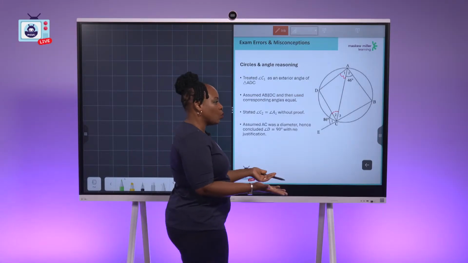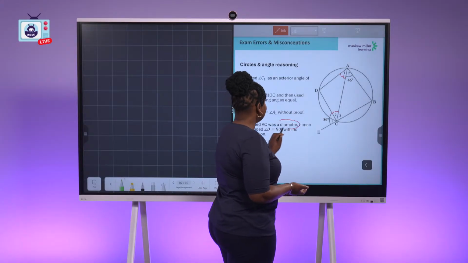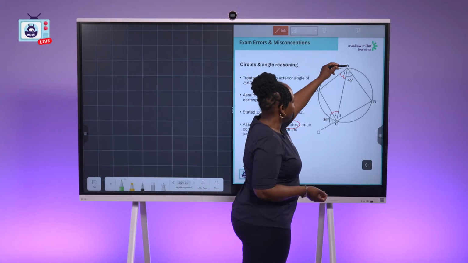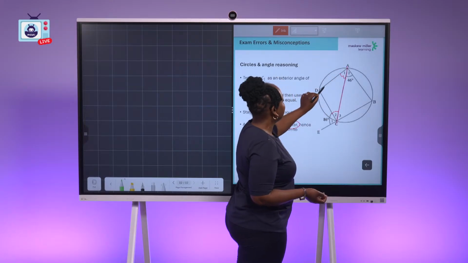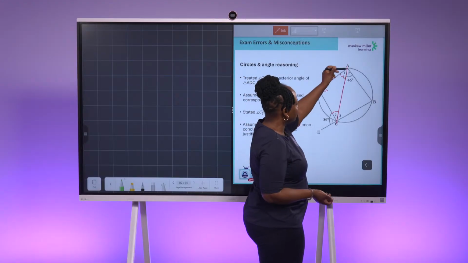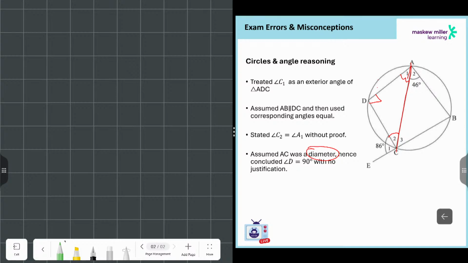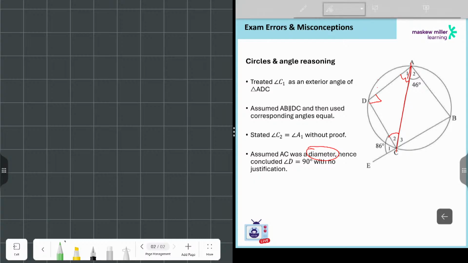To make matters worse, without being given a diameter, they went and said this is a diameter, and that means that angle there is equal to 90 degrees without any reason, because it is not given to be a diameter. It's just given to be a line AC, so you cannot conclude that it is a diameter.